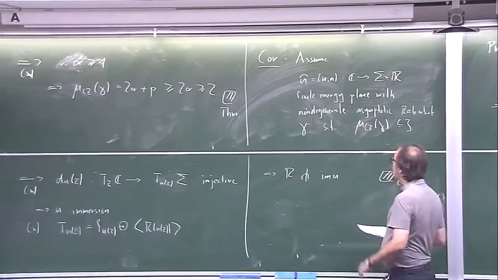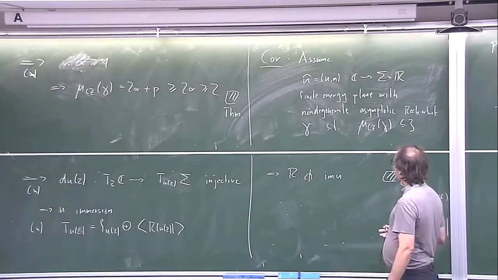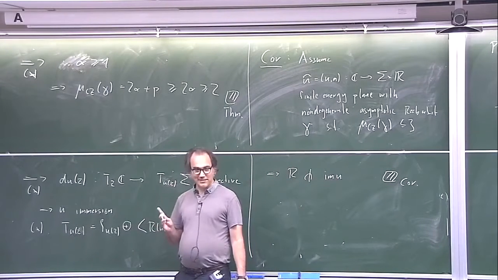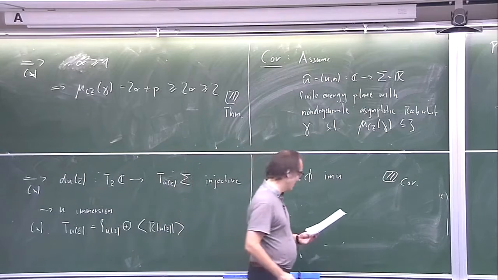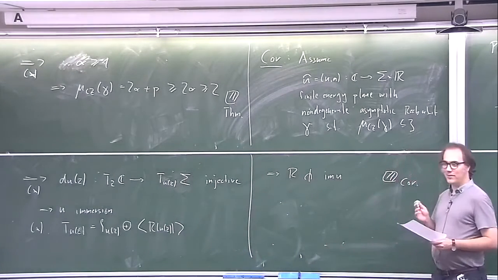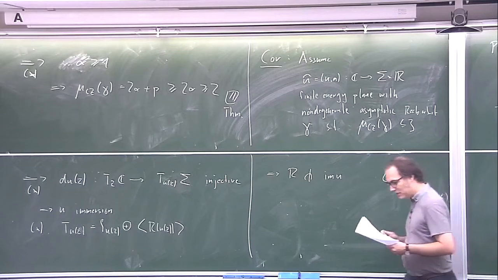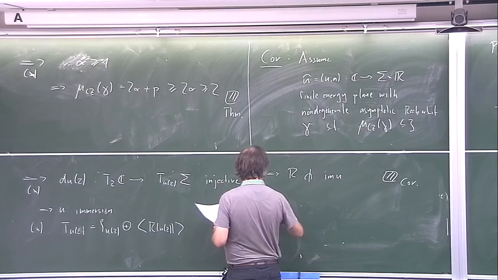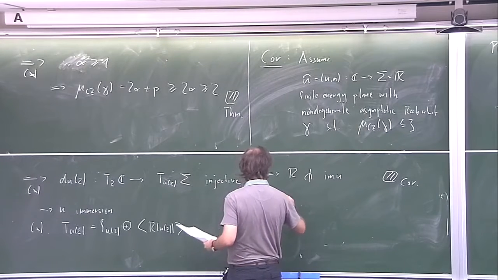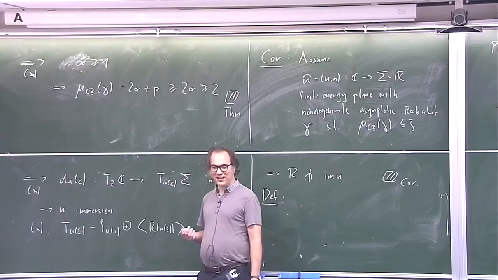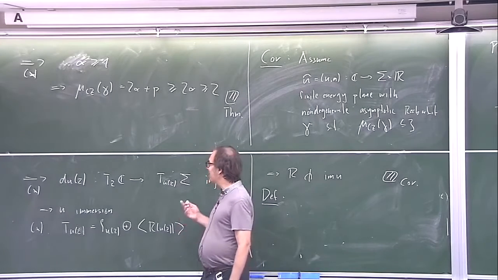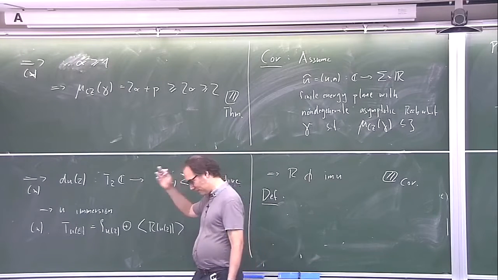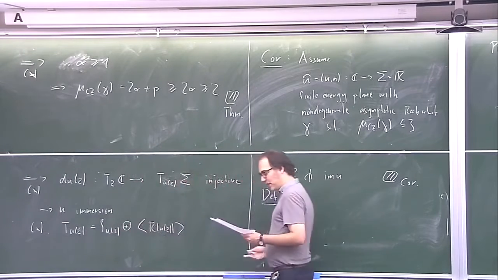And now, Hofer introduced the notion of fast finite energy plane. And in the following, we want to concentrate on fast finite energy planes. So you can make a very easy definition, but then you don't understand so well why he calls them fast. You will understand why they are called fast if you know about this asymptotic behavior and the winding number of eigenvalues.